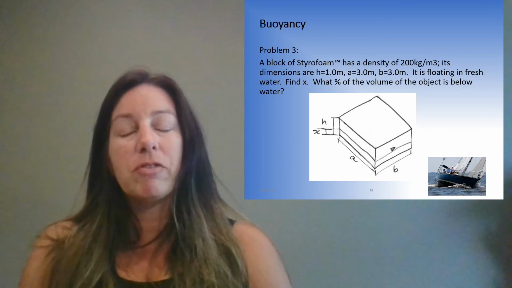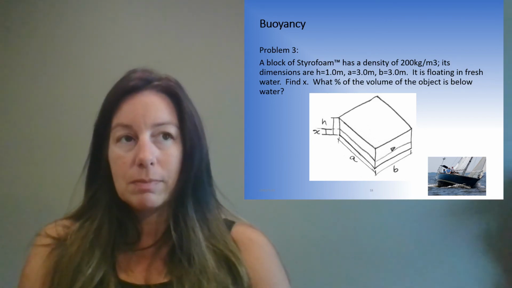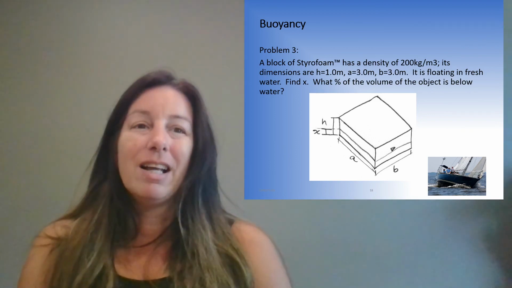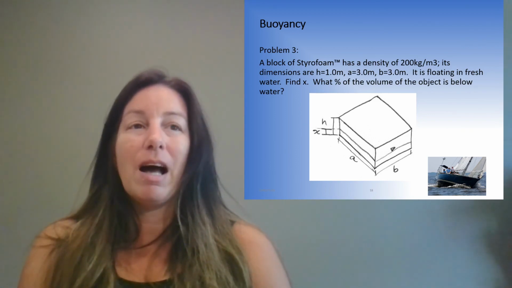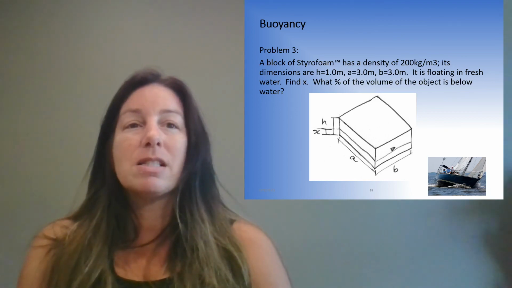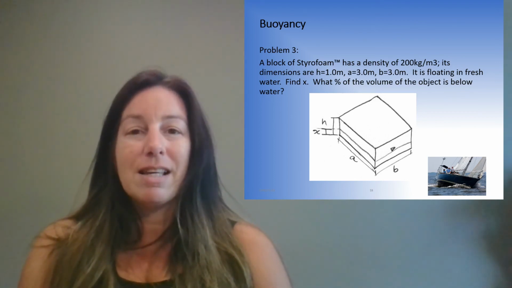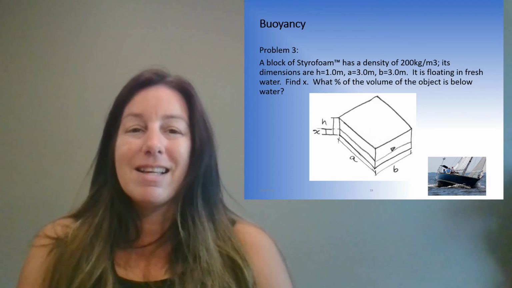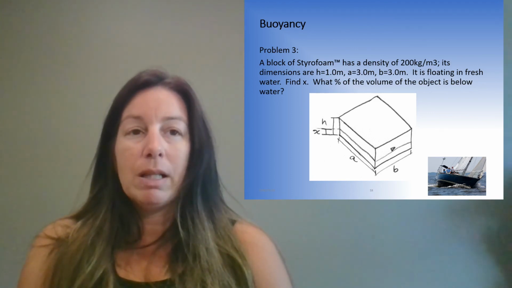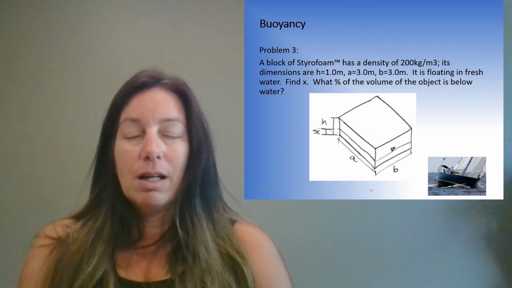And it's floating in fresh water, so remember, you know all the properties of fresh water, its density, specific gravity, specific weight. Now you find X. And that, if you care, is called a draft. So it's basically the length of the height submerged in the water, the draft.